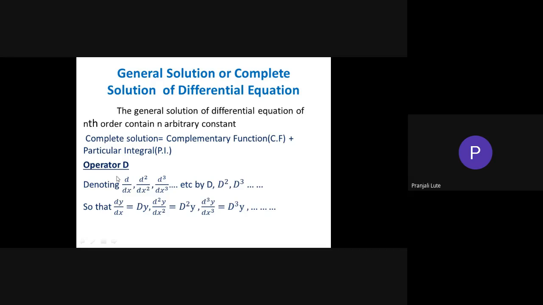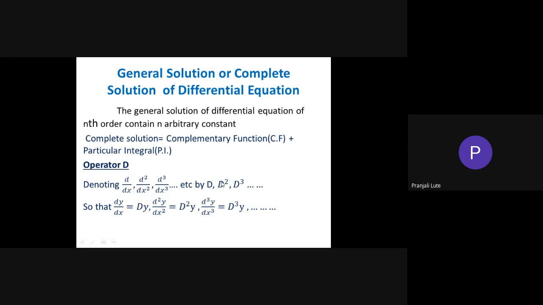That's why we write dy by dx equal to capital D y, d square y by dx square equal to D square y, and d cube y by dx cube as capital D cube into y.